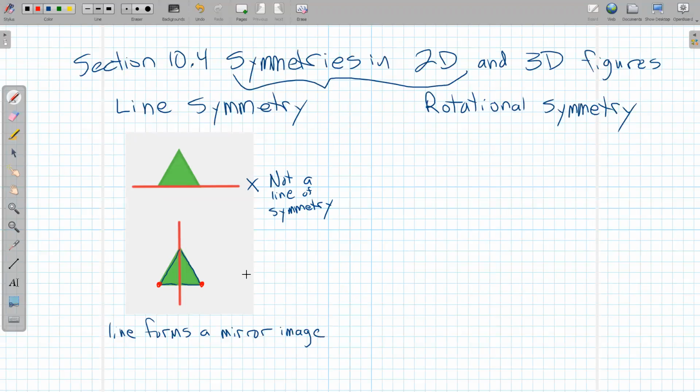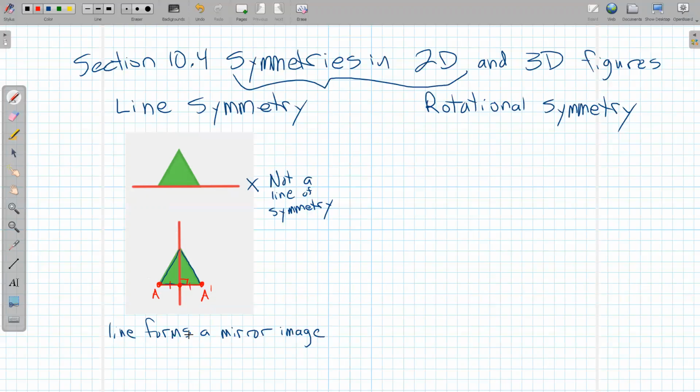And if I make a segment connecting those, then what I should expect to find is that the distance from this original point, let's call that point A, to where it meets this line of symmetry should match the distance, let's call this one A prime, from this point to that line of symmetry. So I should get congruent segments on each side. Other thing is that line segment that's created by joining these 2 points should be perpendicular.